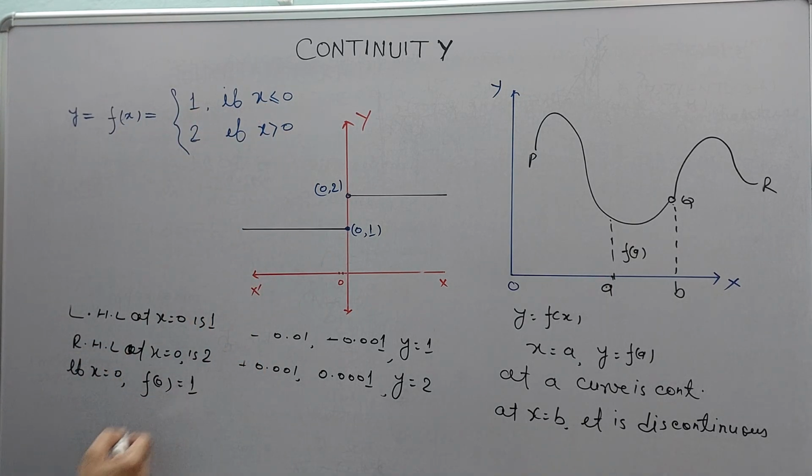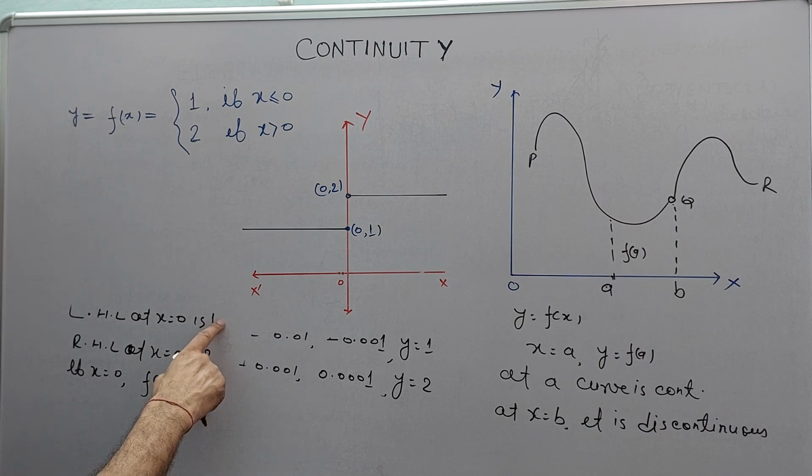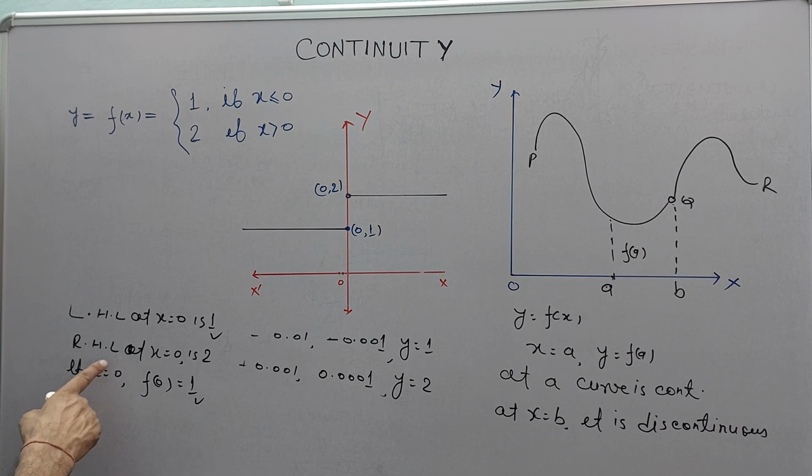So the functional value at x equal to 0 coincides with the left hand limit, which has the value 1. But this is not equal to the right hand limit. So in the language of mathematics, it is not continuous.